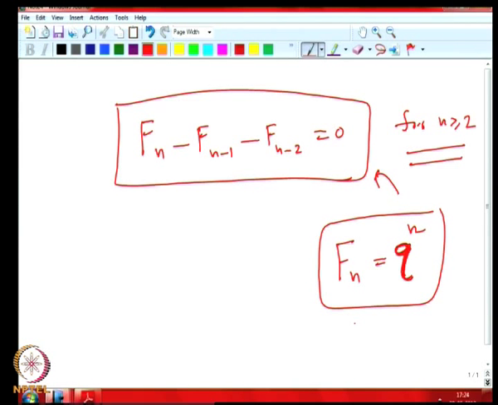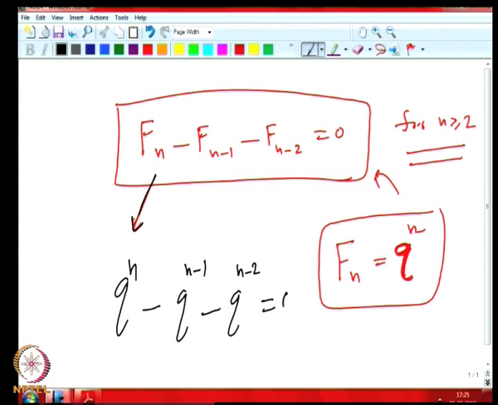So by substituting we get q to the power n minus q to the power n minus 1 minus q to the power n minus 2 is equal to 0, and this also for n greater than or equal to 2 only.